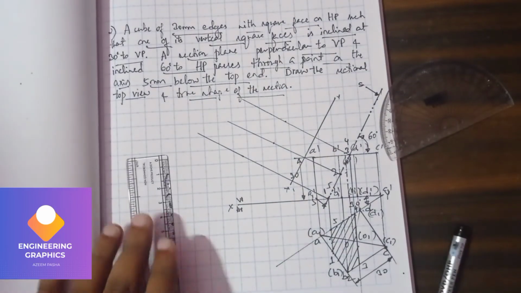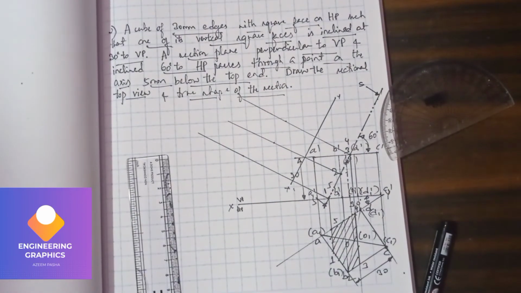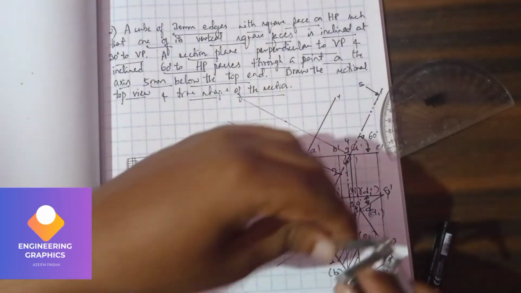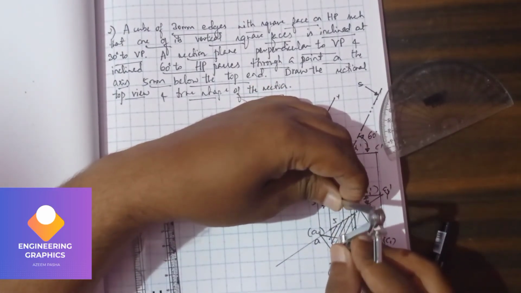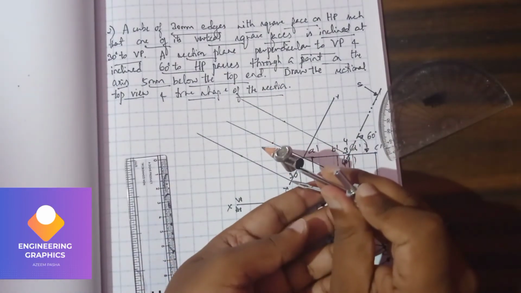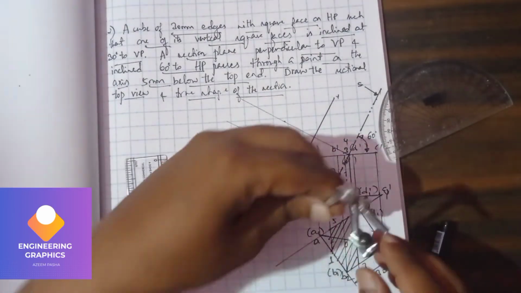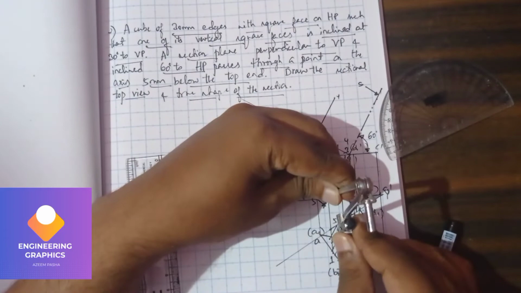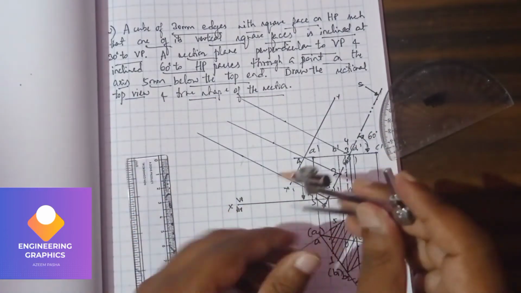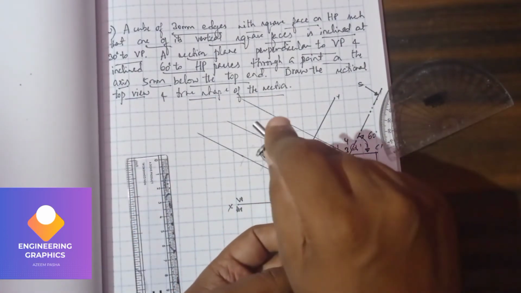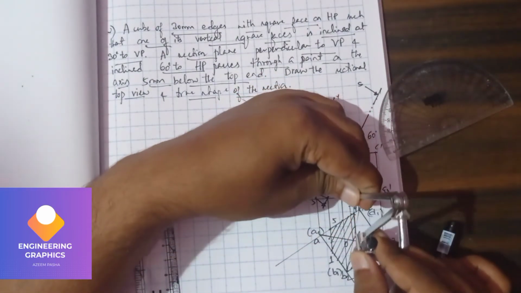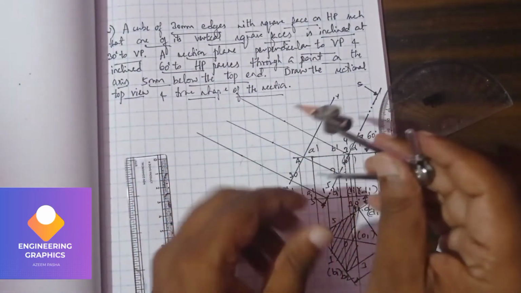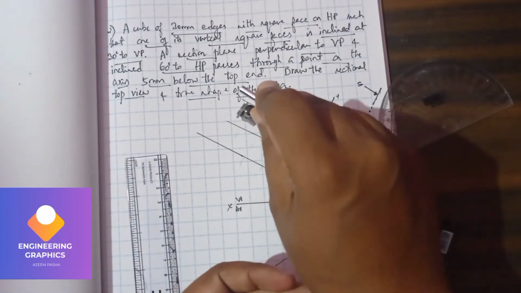Now use the compass and measure the distances. You can see clearly from here, this is point number 1 it is cutting. Now point number 5 you can measure from here to here and cut it. For point number 2, from this end to here, keeping at this point, cut it.